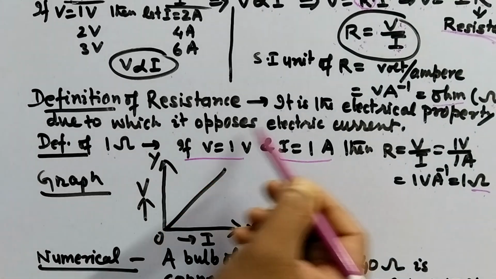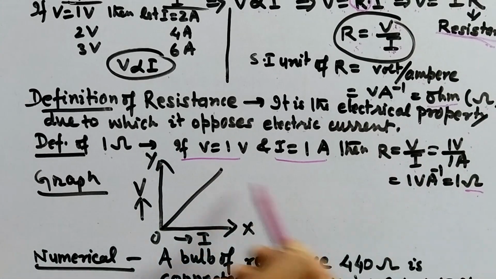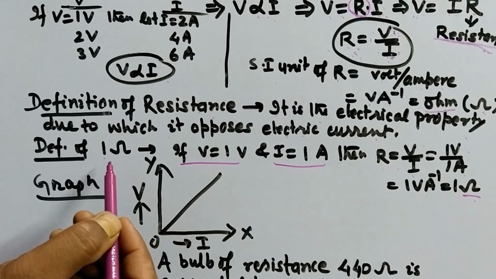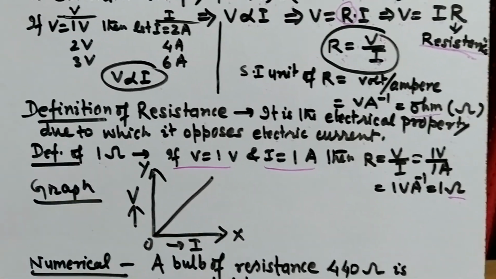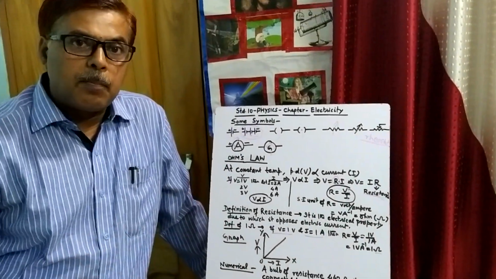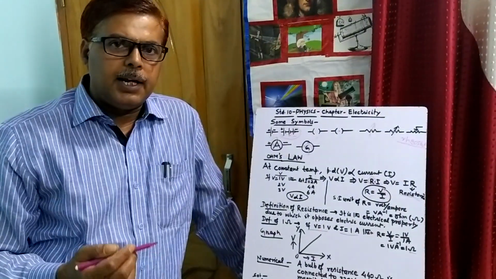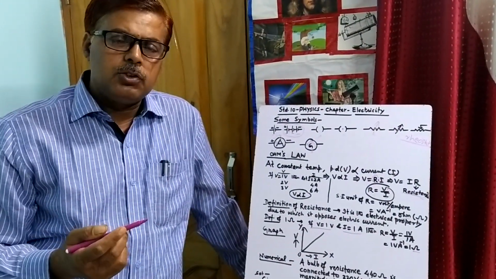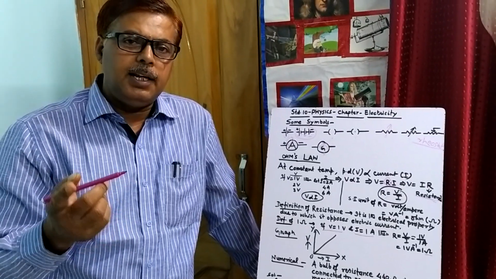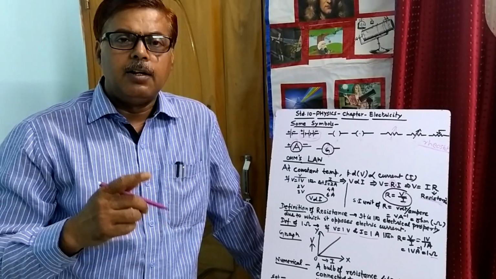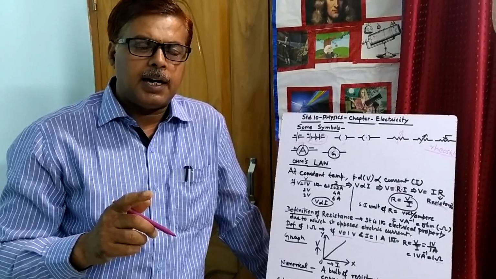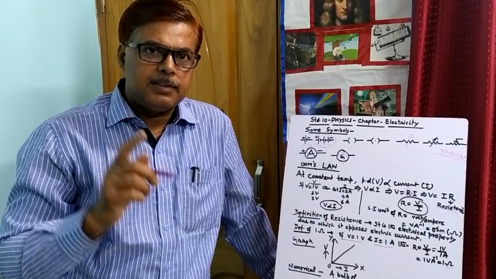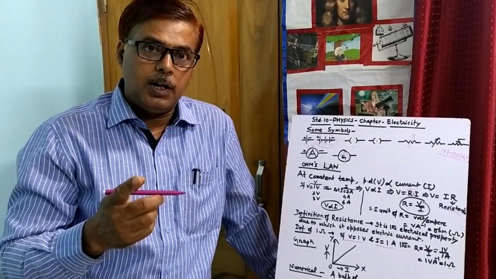Whenever we use it in a sentence, we define 1 ohm like this: when 1 volt of potential difference is applied across the two ends of a conductor and the current flowing through that conductor is 1 ampere, then we can say that the resistance offered by that conductor is 1 ohm.